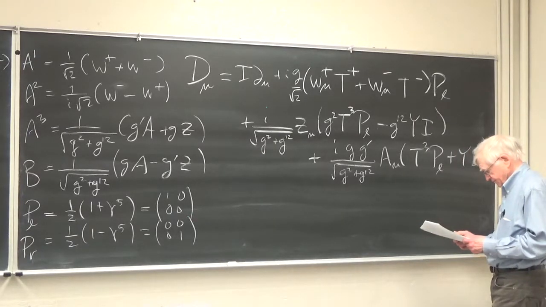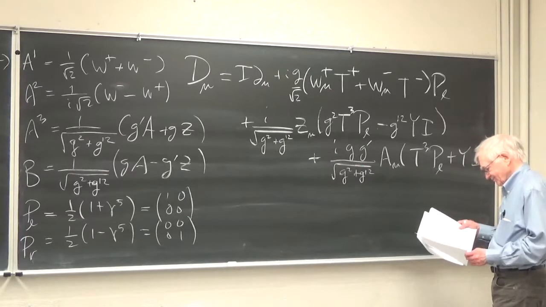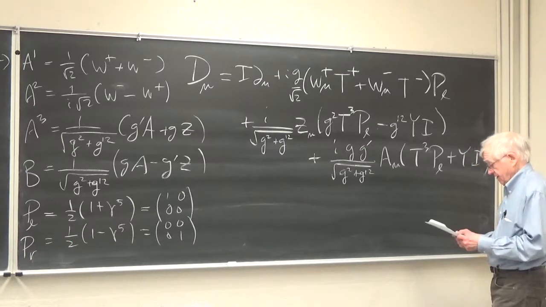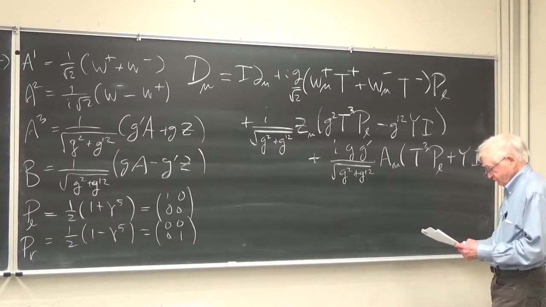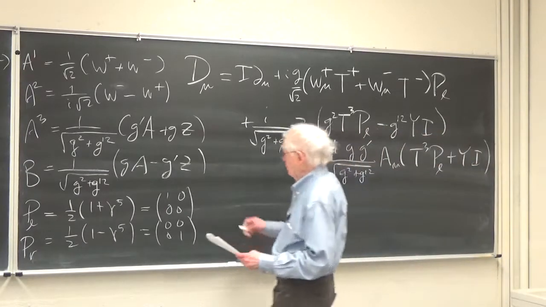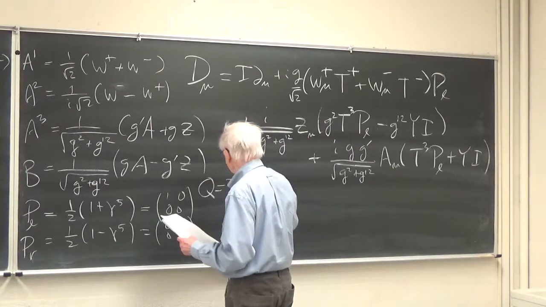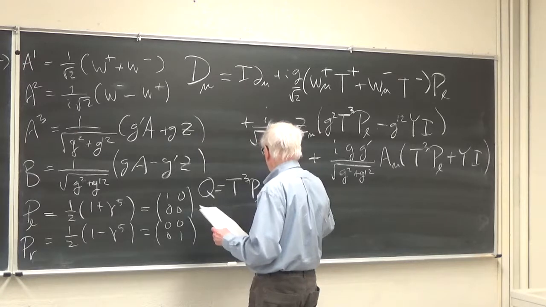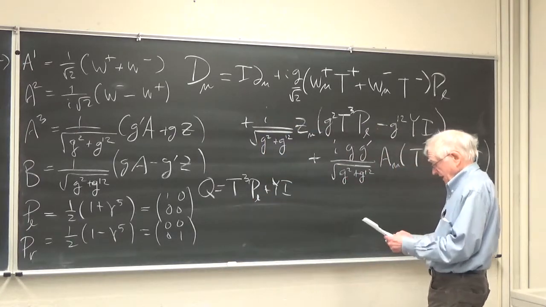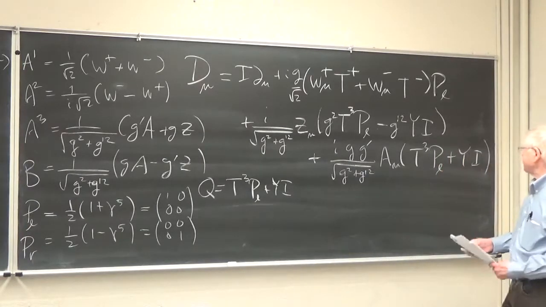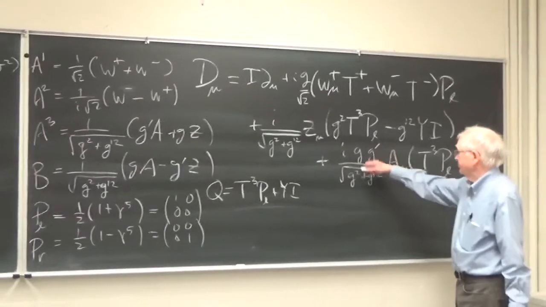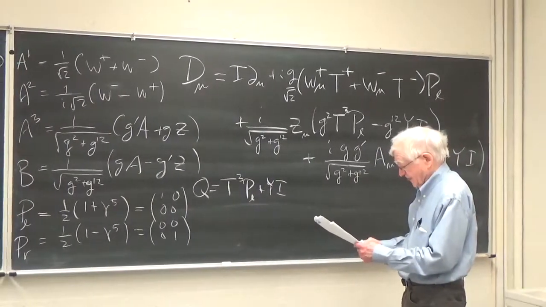The charge operator is T3, let us say P left, plus Y. And we can see that right here, the thing multiplying the photon field, apart from this factor, is that.